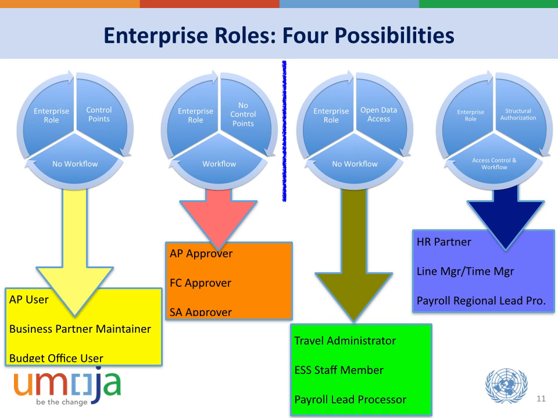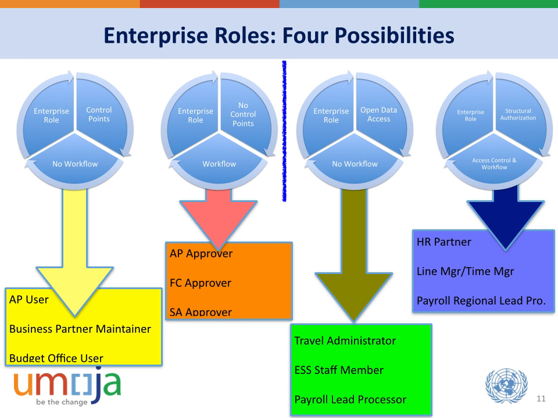However, the fourth possibility, the HR partner role, is a structural authorization, and that will have access controls and workflow controls, which means an HR partner role is always assigned to an entity, and the HR partner can manage all the staff members under the entity and also be the recipient of all the requests originating from the staff members in those entities.